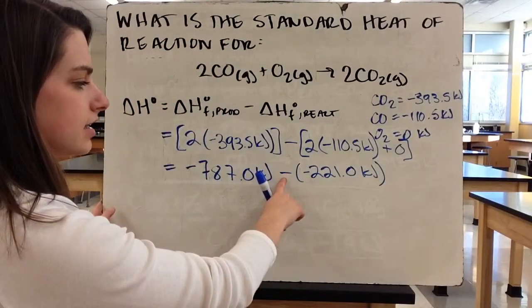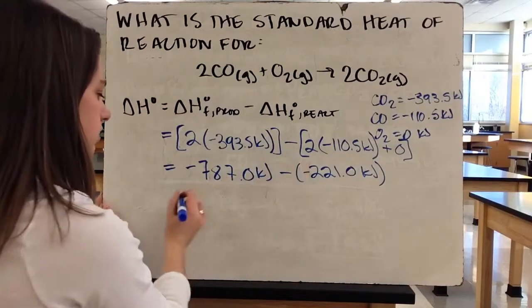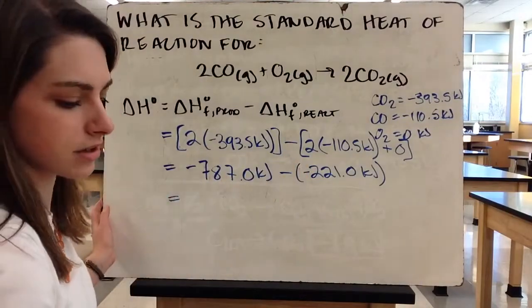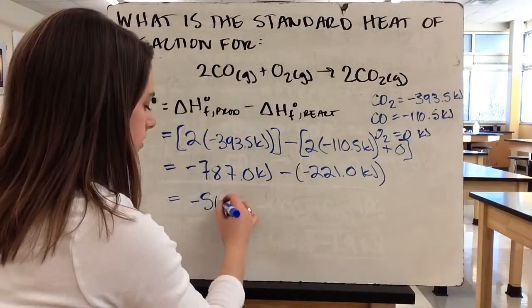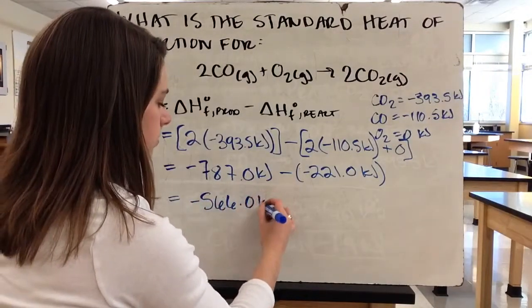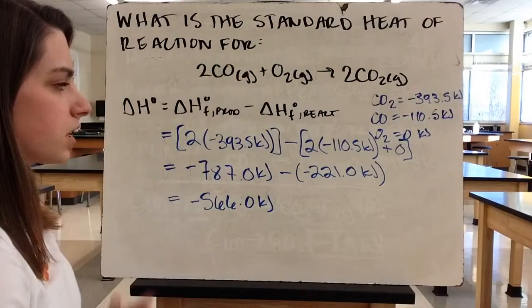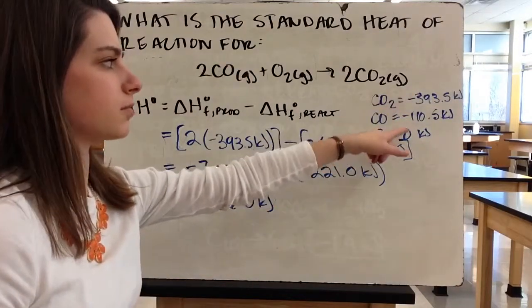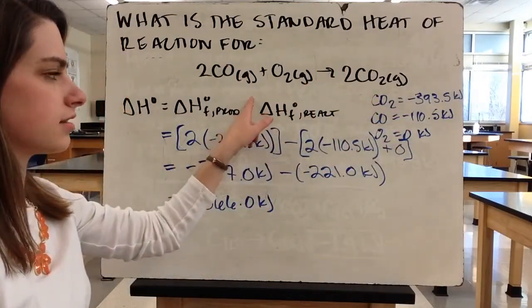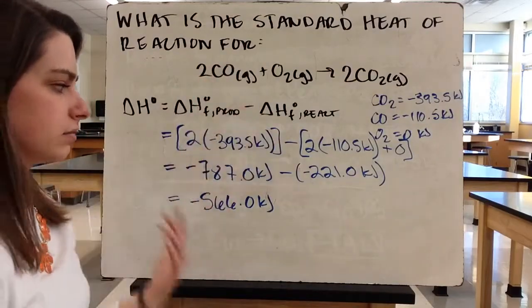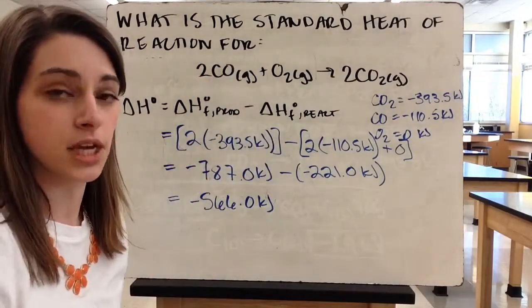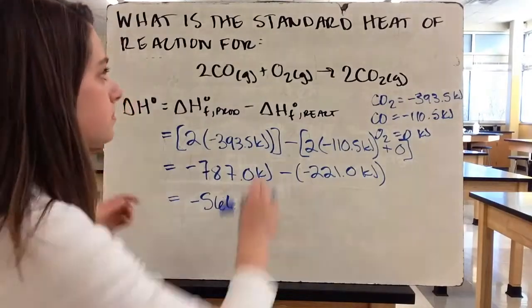Notice it's a minus a negative number, so make sure you type that into your calculator correctly. And overall, this becomes negative 566.0 kilojoules of energy. So all I had to do was plug in the numbers for my products and my reactants, make sure I multiplied by the coefficient, and then do the math. Let's look at another example.